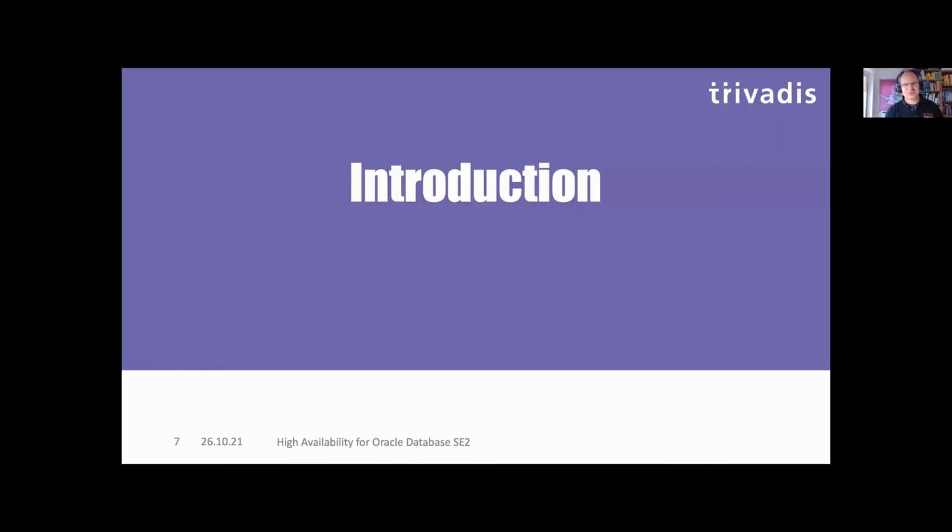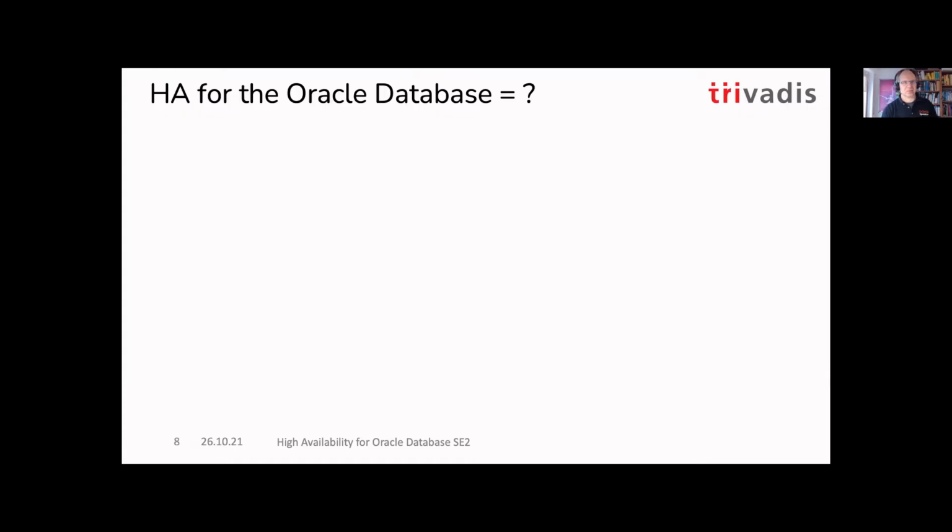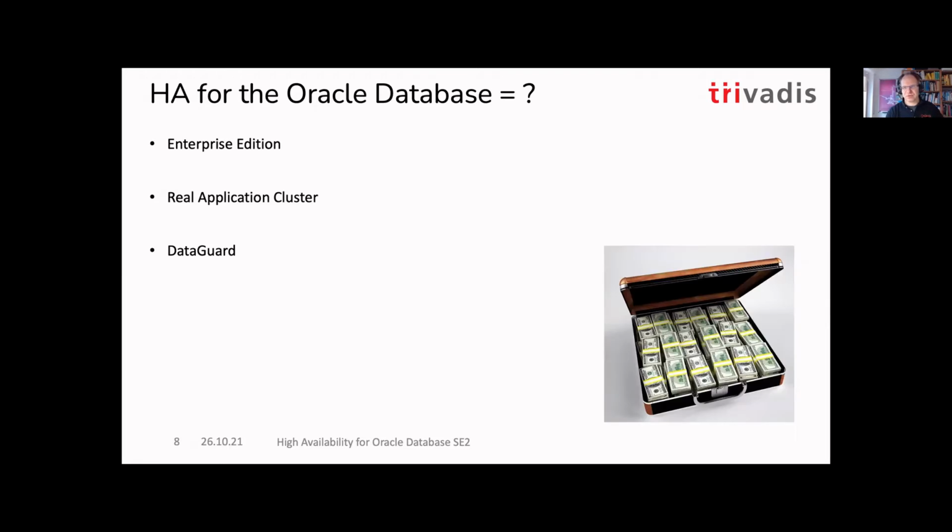Okay, let's start. When you think about high availability for the Oracle database, what do you think about? You think about Enterprise Edition, RAC, Data Guard, or even Active Data Guard. And in short, you think about a lot of money.